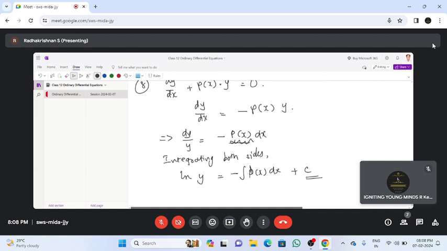What is the question? Okay, so we need to further simplify. There are options given. We need to get it in terms of y equal to something or x equal to something. Okay, so let us see.